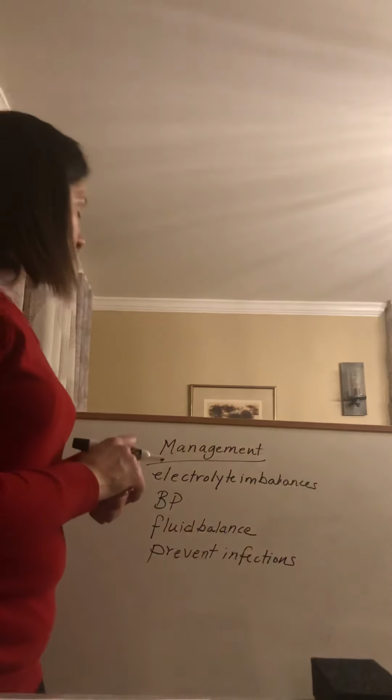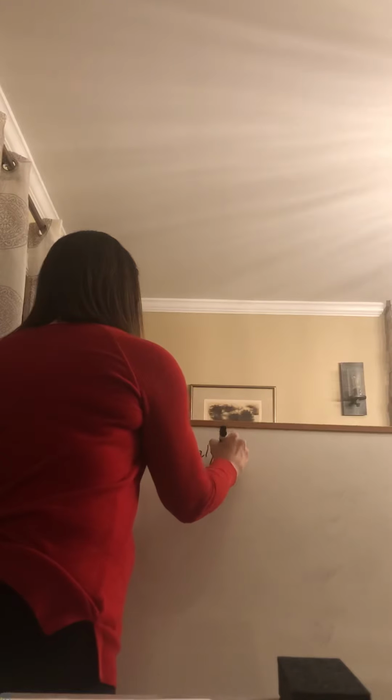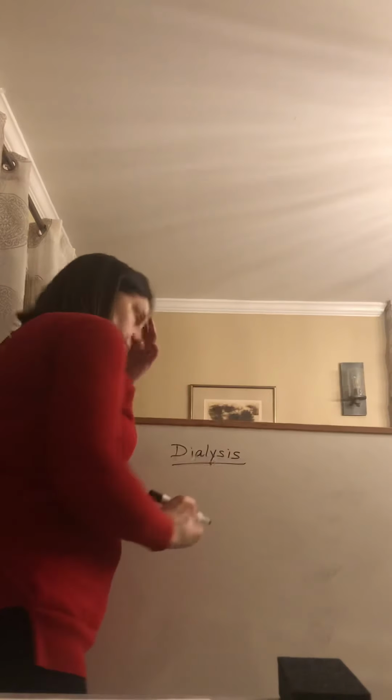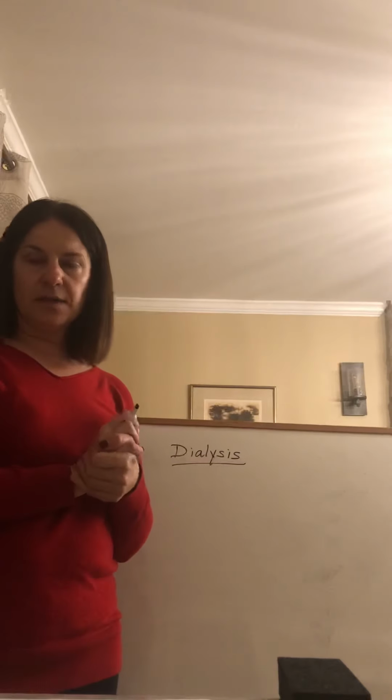Okay, the treatment that we can use when someone has failure of the kidneys then is you would use dialysis. All right, so what dialysis basically means is you're going to remove blood.